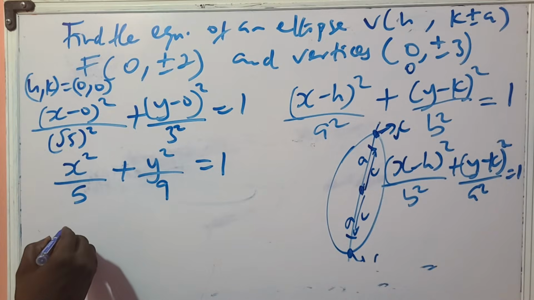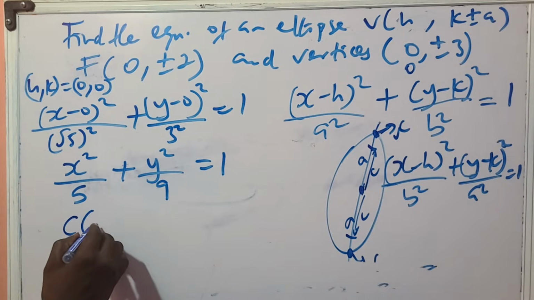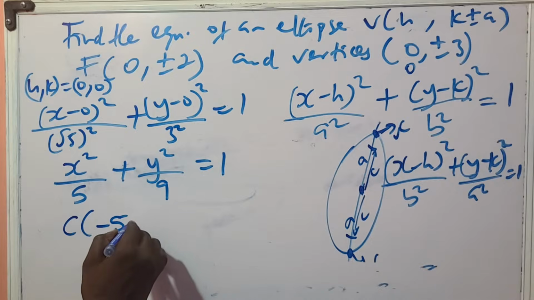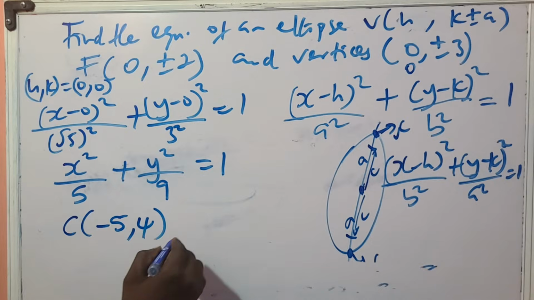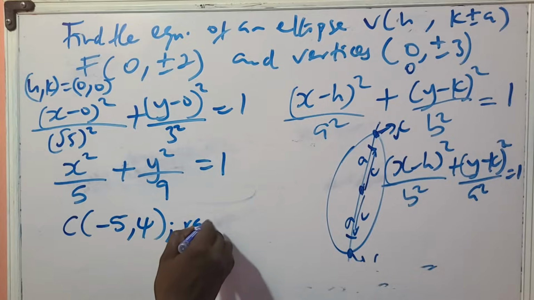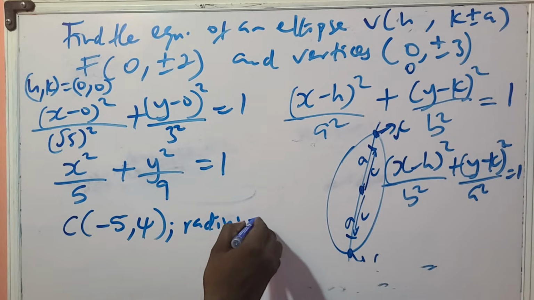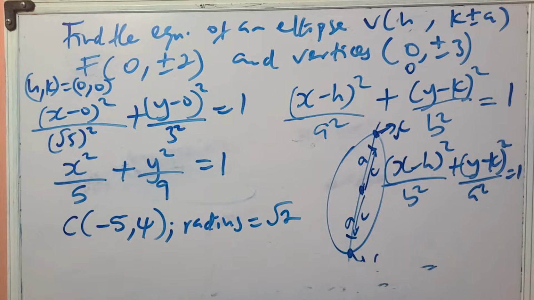The center of the circle was given as minus 5, 4, and the radius was given as square root of 2. So can you quickly find the equation of this circle? You guys know these ones very well. Can you find the equation of this circle very quickly?